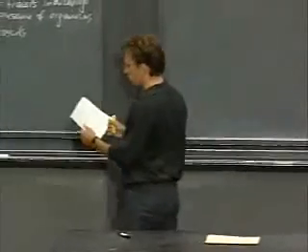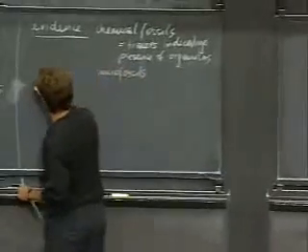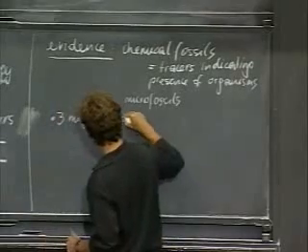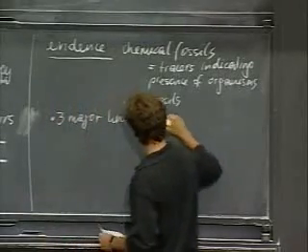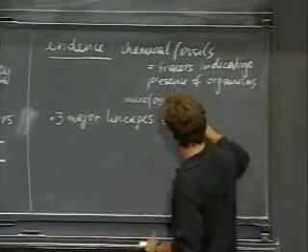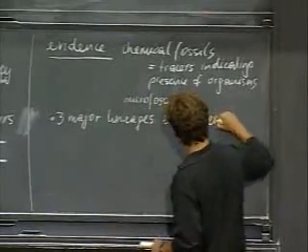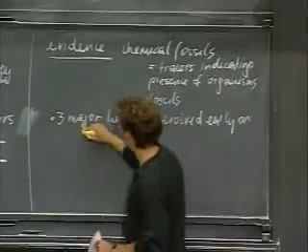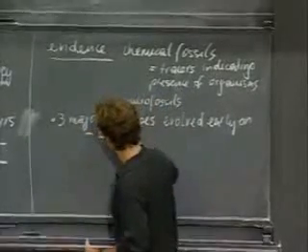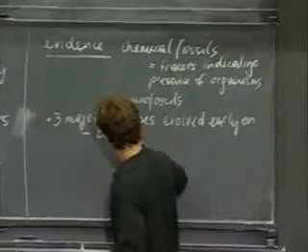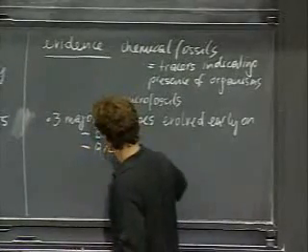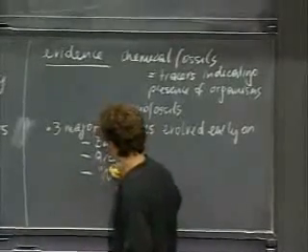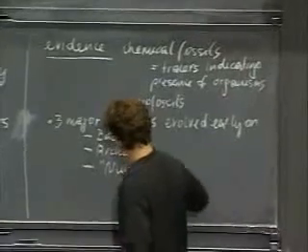But what I want to show you here is that three major lineages evolved early on, and these are the bacteria, the archaea, and what we call a nuclear lineage.